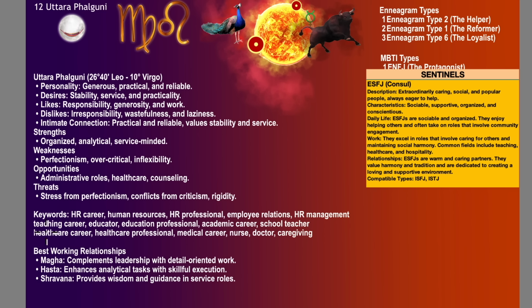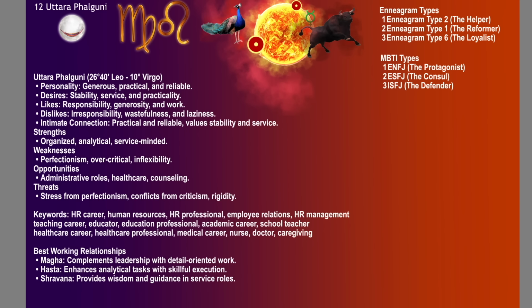So it will become good in teaching, educator. If it is sitting with Moon, it might be more in the realms of healthcare professional, medical career also. Mercury with Moon, for example. You got to see the planetary arrangements also. I shall deal with this more at the zodiac level later on.